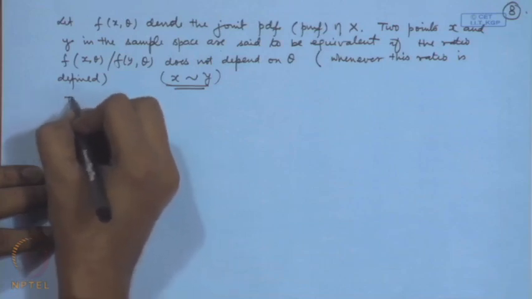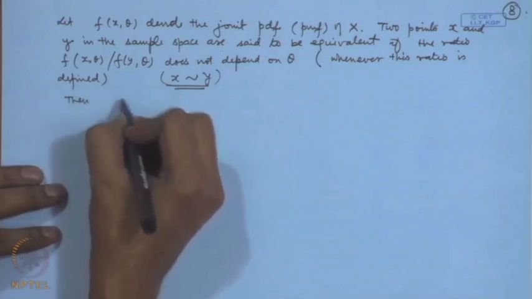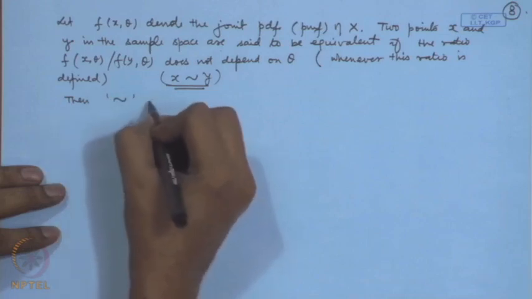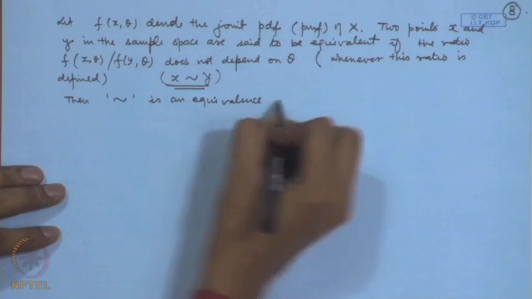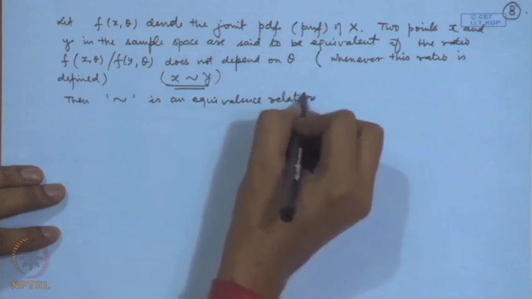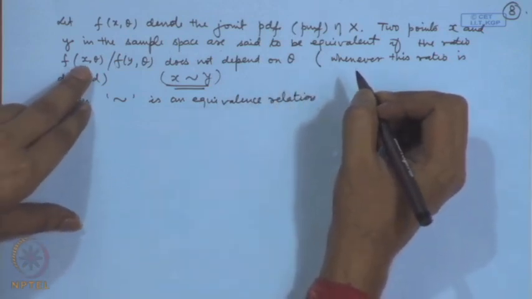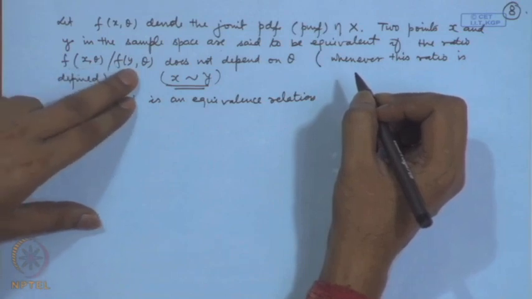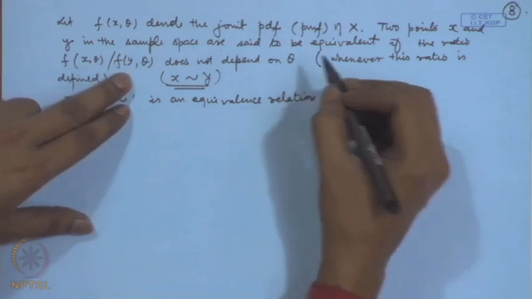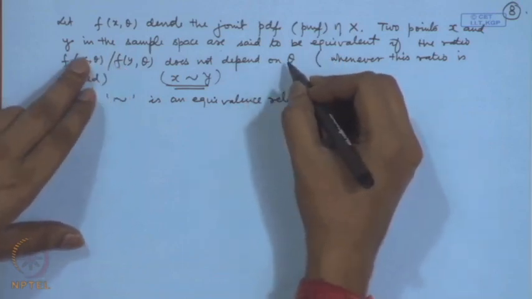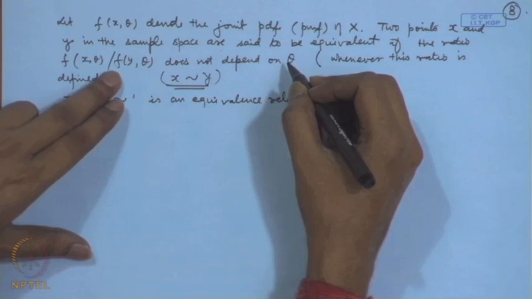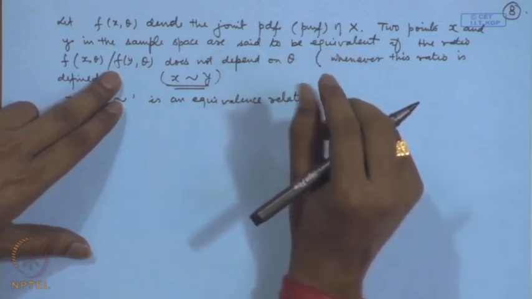Then this relation is an equivalence relation. Because it is reflexive, if I consider f(x, theta) by f(x, theta), that is going to be 1, which is free from the parameter. If f(x, theta) by f(y, theta) is free from theta, then f(y, theta) by f(x, theta) is also free from the parameter. Therefore, x related to y is equivalent to saying y is equivalent to x. So, the relation is symmetric.